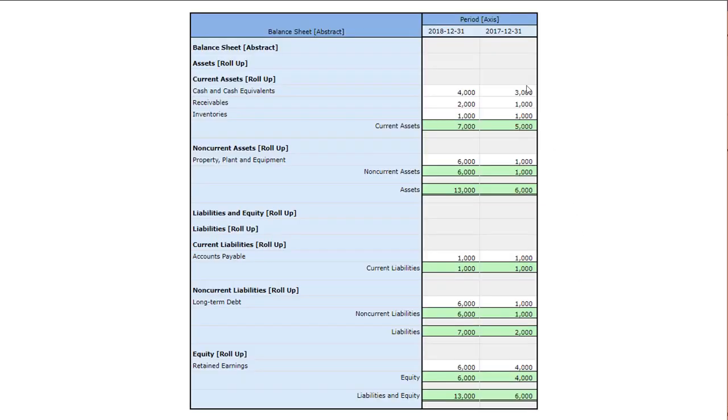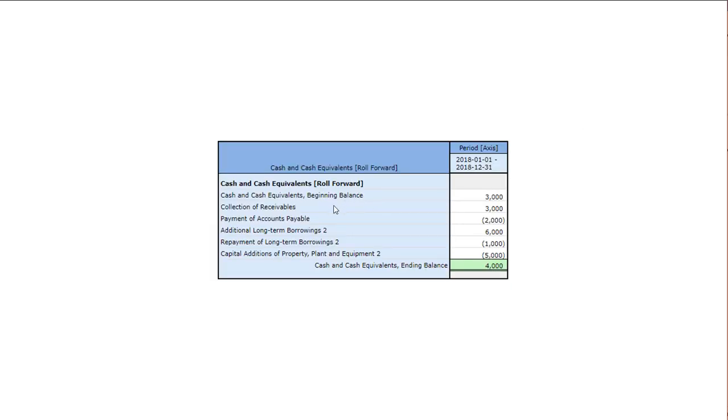So again, tying it to the balance sheet. There's the beginning of the period. There's the end of the period, and these are the transactions that have affected that account. They're grouped by category. So I'm calling these things roll forward codes, because these are groups of transactions that all basically do the same thing. When you collect receivables, that's where the transaction would be grouped.